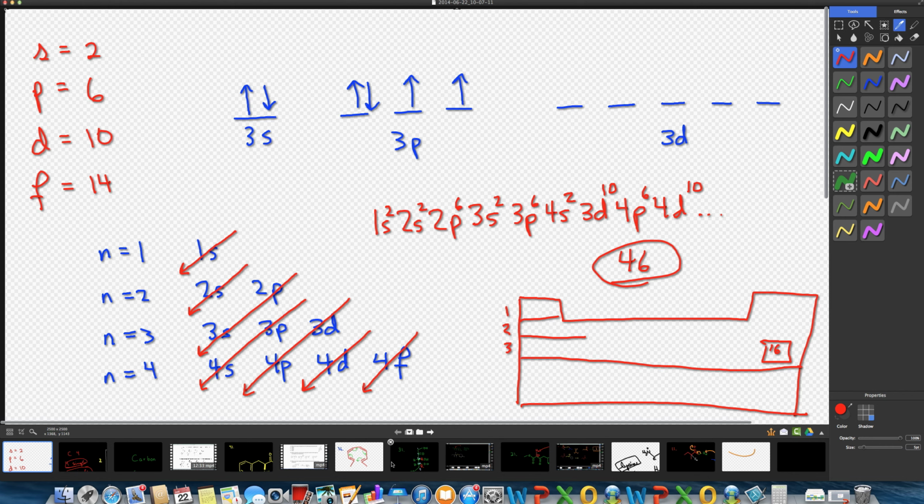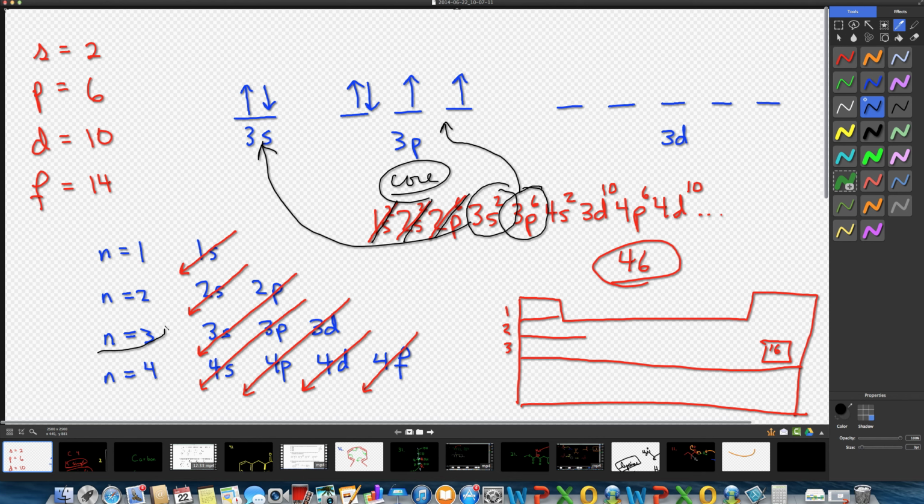ODEC only wants the valence electrons, so I'm not going to worry about 1s2 or 2s2 or 2p6. So these are already assumed to be there. These are core electrons with respect to sulfur. What I do worry about is the 3s2, which I already have. And that takes me up to 12. I only need 4 more electrons, so I don't have to use all of the 3p's.